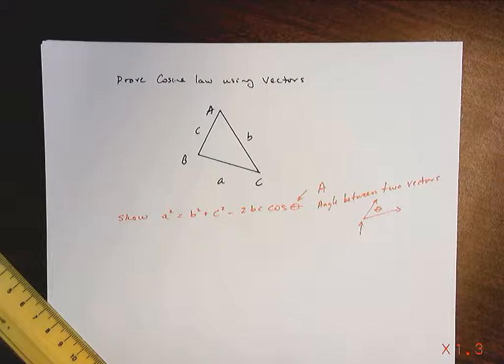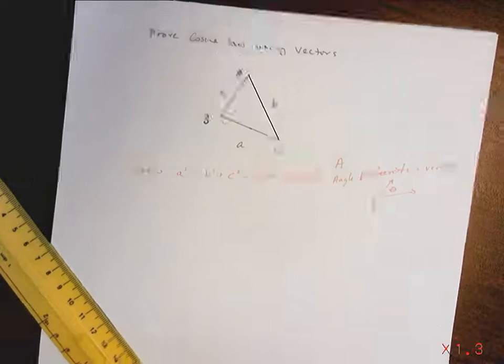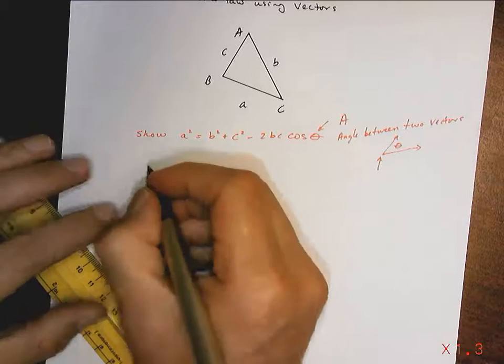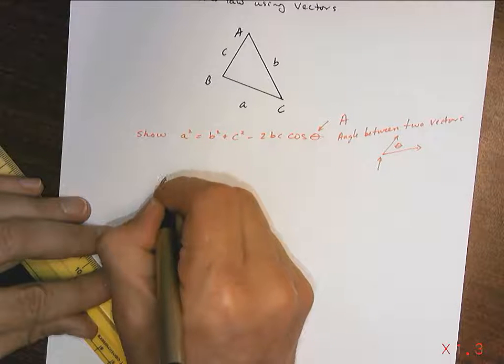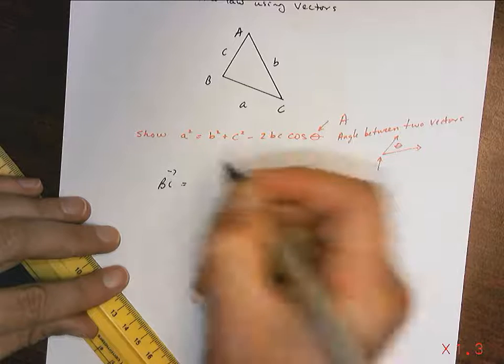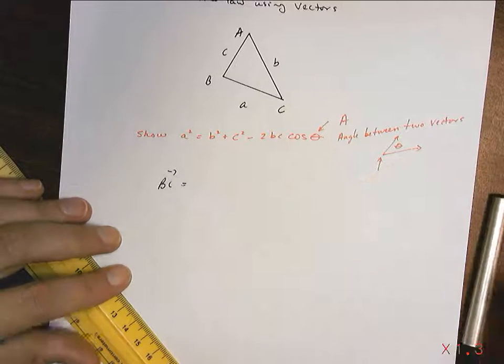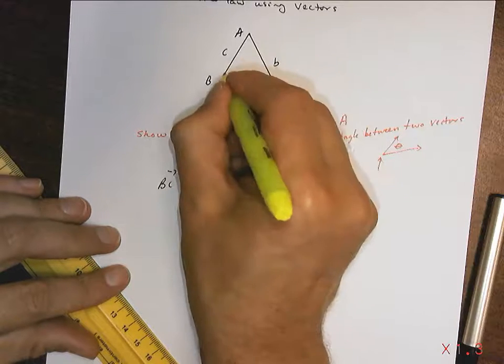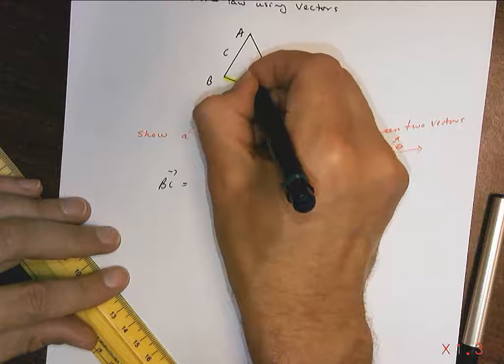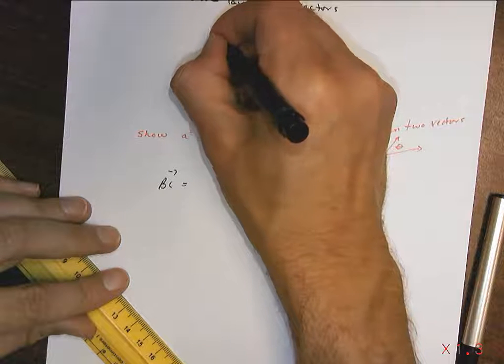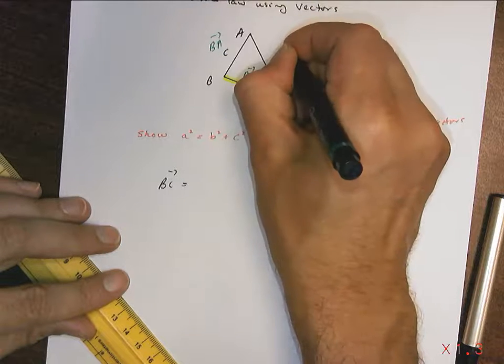And that's where we ran into a problem in class today, and I'll show you exactly where. So we started off by saying we're going to go with BC, and BC is composed of, so here's BC, it's going that way, and BC is composed of BA plus AC.